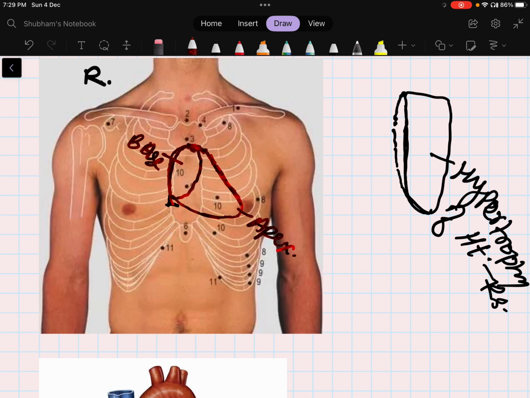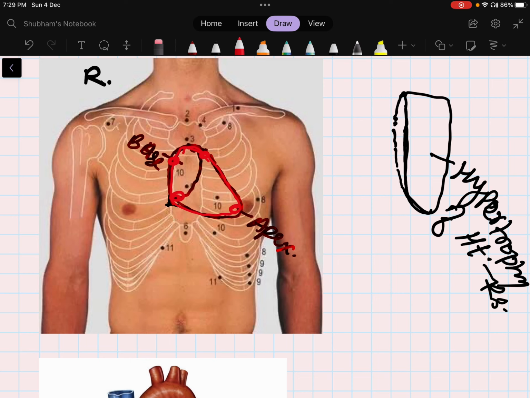So what happens when you have a stethoscope and you want to hear the heart sounds? These are the places we need to check, the margins of the heart. Or even when you are doing percussion of the chest, you try to percuss the borders of the heart, you are going to analyze in these areas.